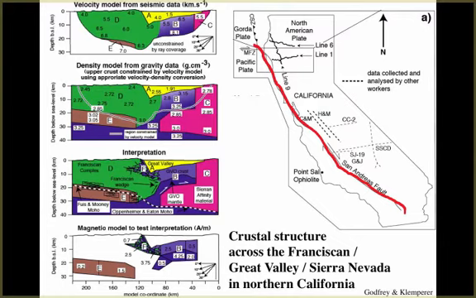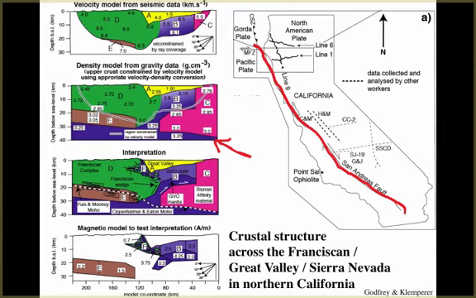And what you're seeing is fast velocities in the purple color corresponding to oceanic crust underplating Western California.